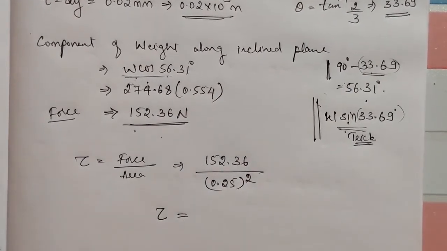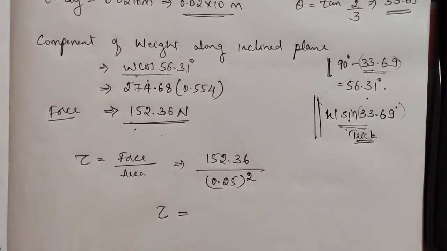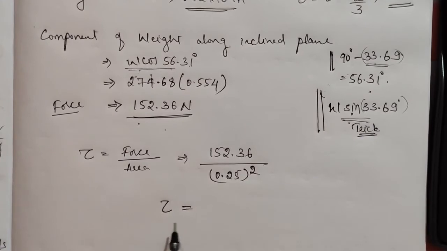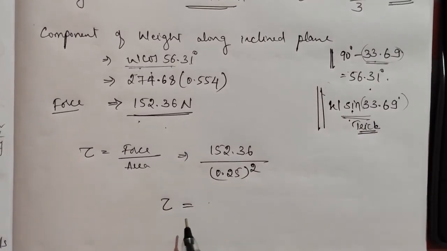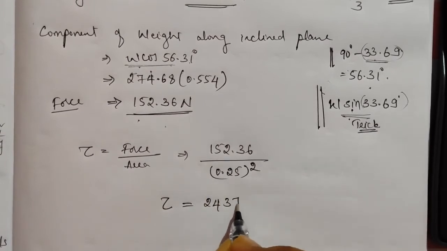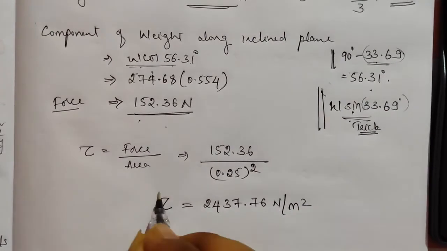So the value of tau will be 152.36 divided by 0.25 square. The tau value will be 2437.76 Newton per meter square.